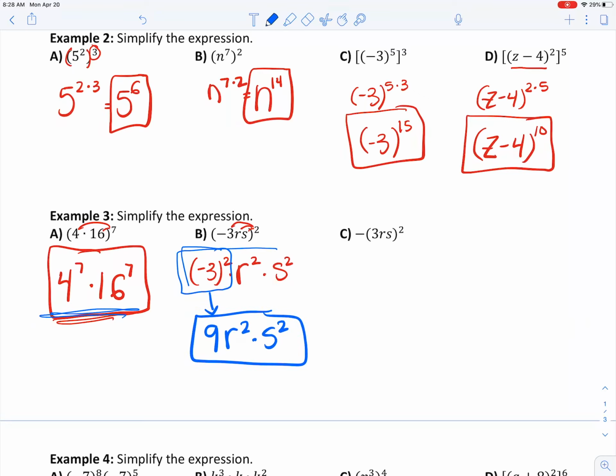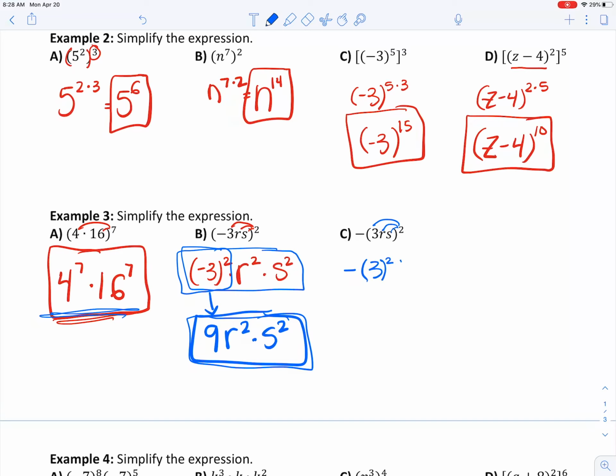Now, if you wanted to leave it just as negative 3 squared times r squared times s squared, I will accept either way, okay? But this one I think is more clear. All right, the next one, I'm going to immediately put this negative out in front because I don't want to accidentally forget it. And then I'm going to take this 2 and distribute it through.